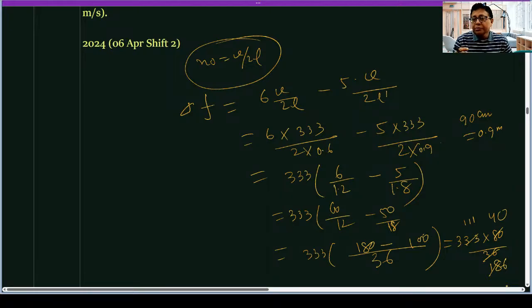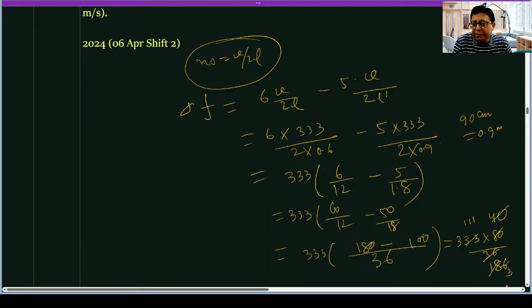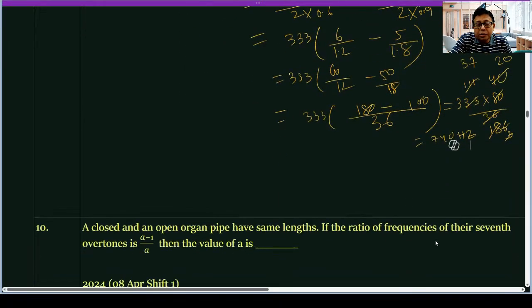With LCM 36, 180 minus 100, 80 is coming. Once more it gets cancelled. I thought it was not coming, but it has come. It is 740 hertz. Clear? Go for the next one.